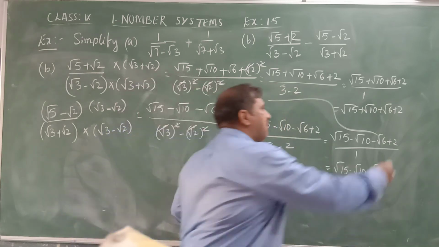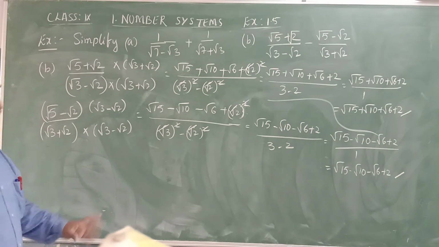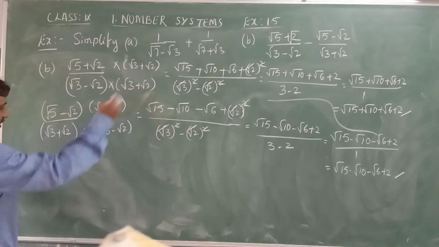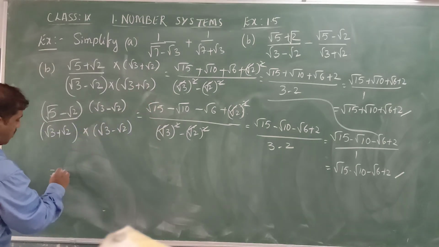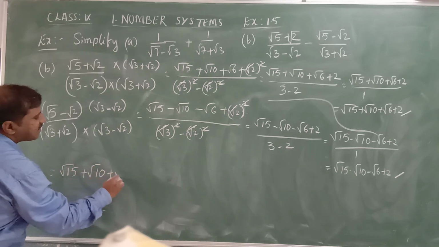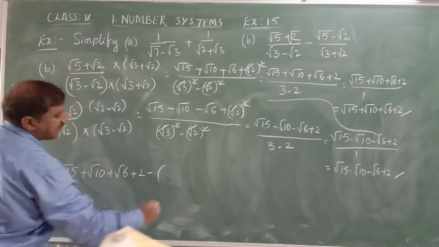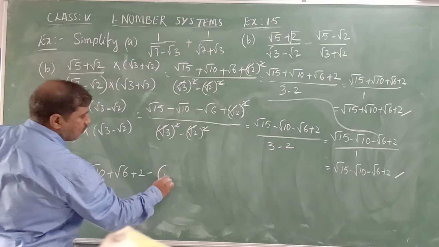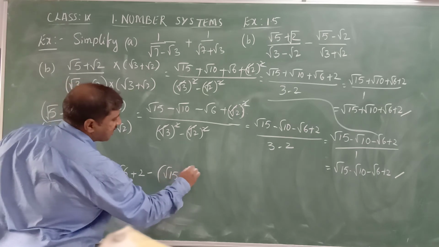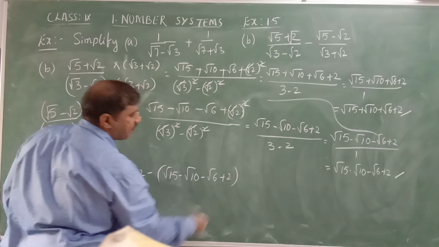Now we have to simplify these two things. Subtract the second number from the first number. That is equal to root 15 plus root 10 plus root 6 plus 2, minus the second term, root 15 minus root 10 minus root 6 plus 2.